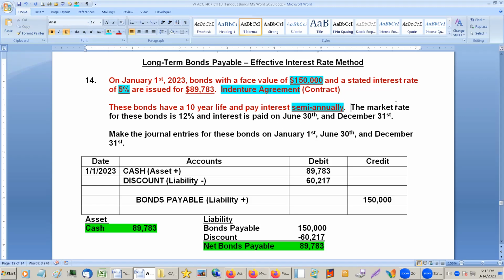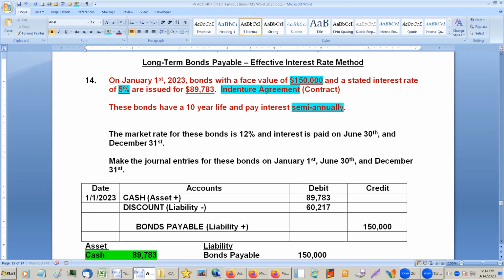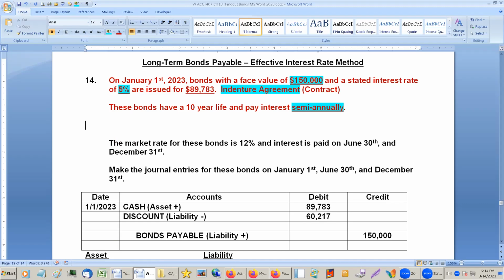So I'm going to put in one more line here. I goofed everything up. Okay, so our cash payment by this indenture agreement equals 150,000 times 5% times 6/12.